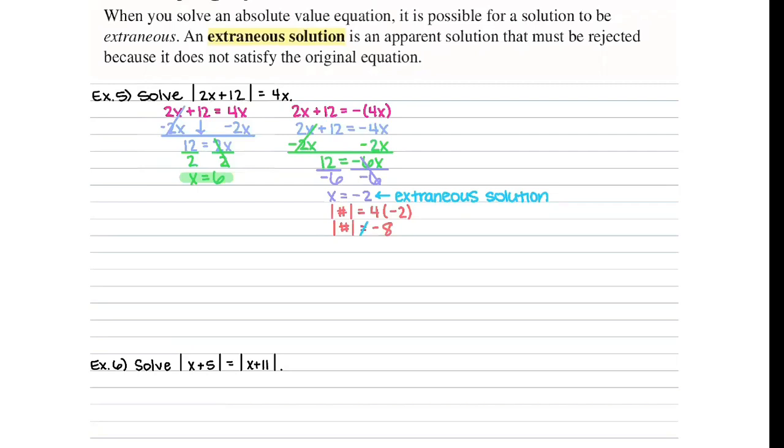If you gave me the negative 2, the entire thing would be wrong because it's an extraneous solution. It's not part of the solutions. So extraneous solutions just means that, yes, you get it as a solution, but it's not a solution that works. So you would not include your extraneous solution in your answer.